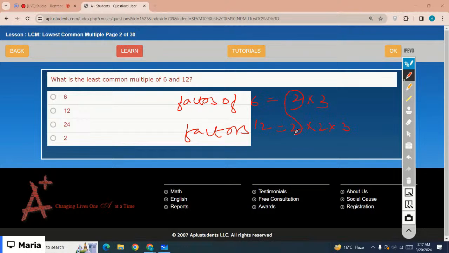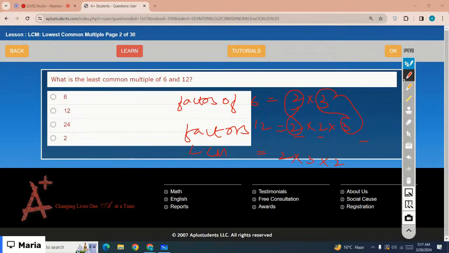So, this one is the common multiple. This is a common multiple. So, the LCM is the product of common and non-common multiples, right? 2 and 3 are common. This is common, this is common. This is the one that is non-common, right? So that they are 2 times 2 is 4 and 4 times 3 is 12.